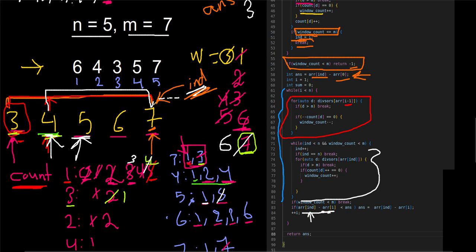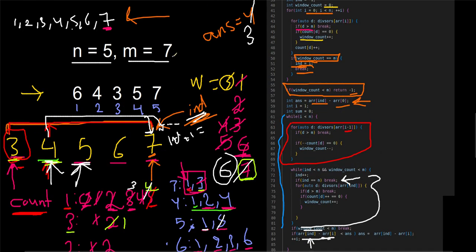But in our case, this is the end of the array, because index plus 1 is equal to n. So here we break, and the window count will be 6, which is less than 7.